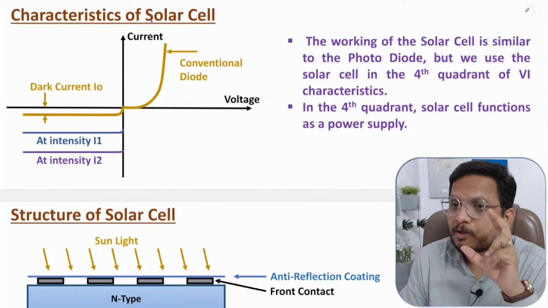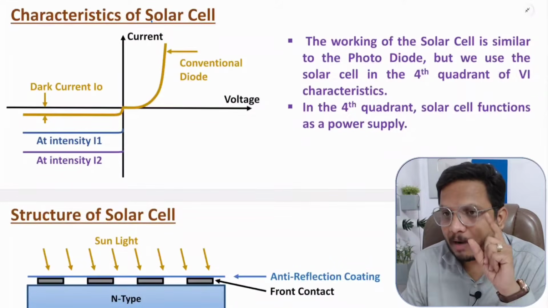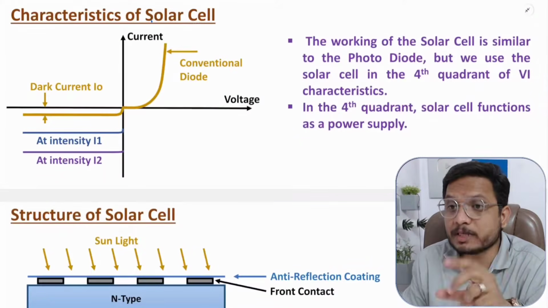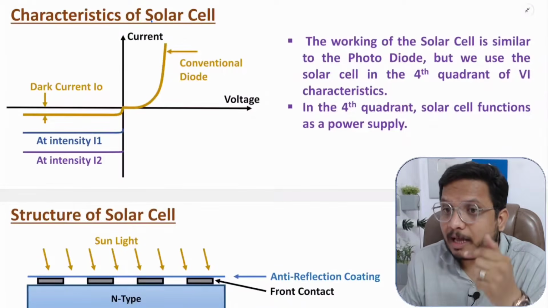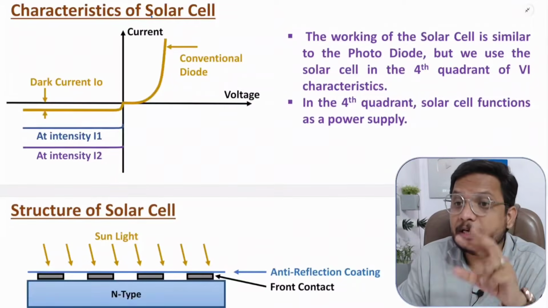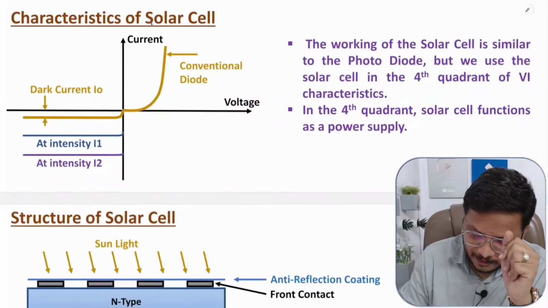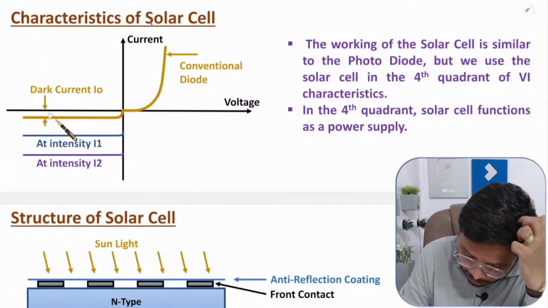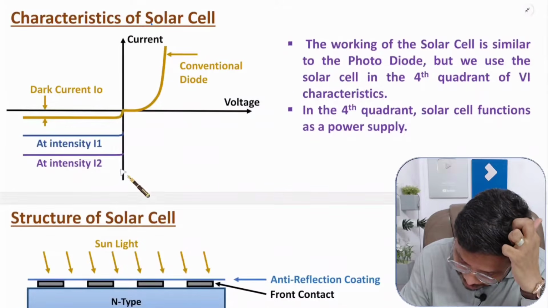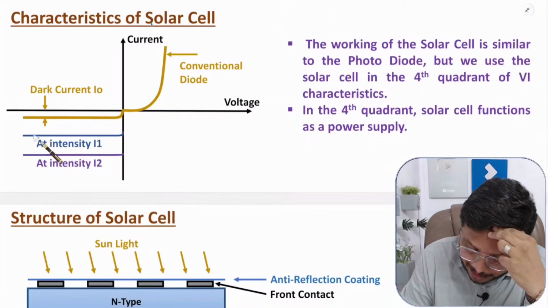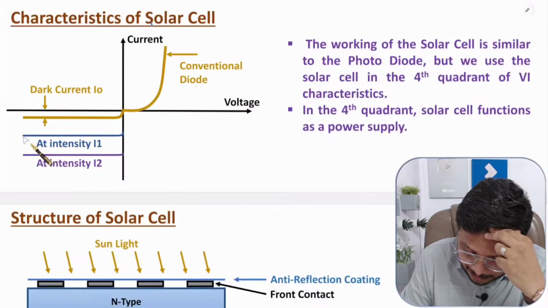The solar cell is also a PN junction device, but the solar cell we use to generate power, and we use it in the fourth quadrant. Let me show you how. If you keep your PN junction in reverse bias, and some light is falling on it, let us consider intensity I1 falling on that PN junction.